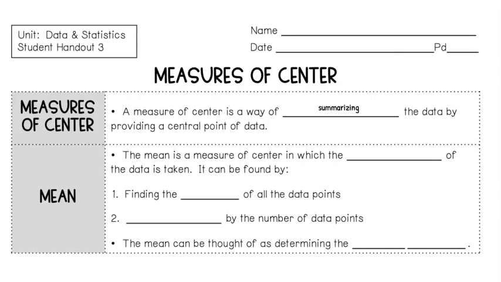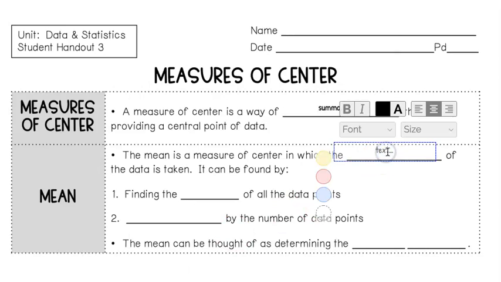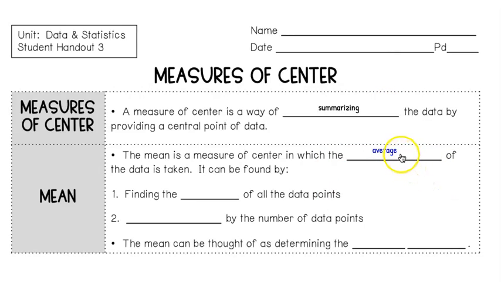The next definition. The mean is a measure of center in which the blank of the data is taken. So that would be another word for mean, guys, and some of you may know this: average. So another word for mean is average. And it can be found by finding the blank of all the data points.